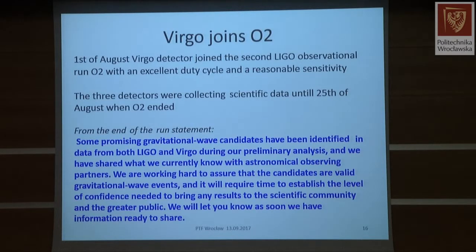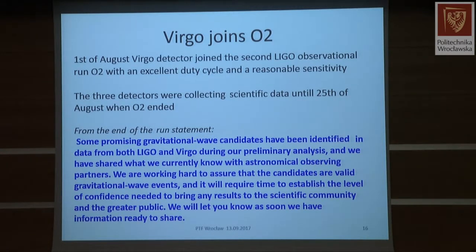And there is a 3rd detector, which is Virgo, which I mentioned. Unfortunately, there were certain delays in making this detector work. Nevertheless, thanks to the great effort of the experimentalists, the Virgo detector joined on the 1st of August this observational run 2 of LIGO, and we had 3 detectors working for 1 month.